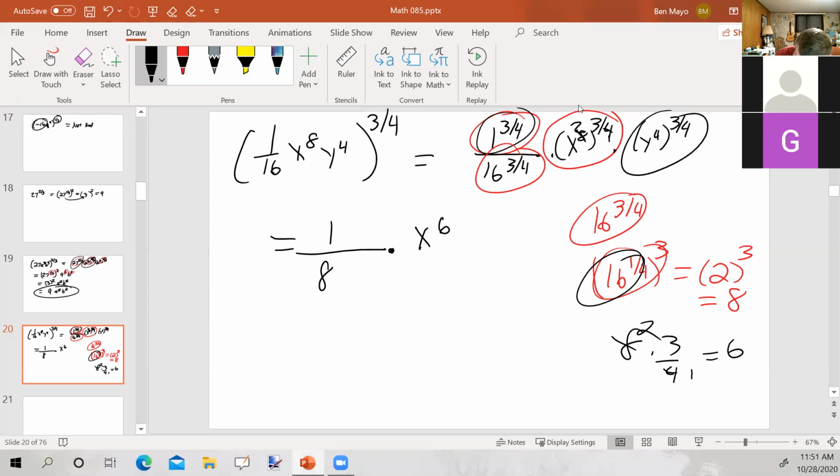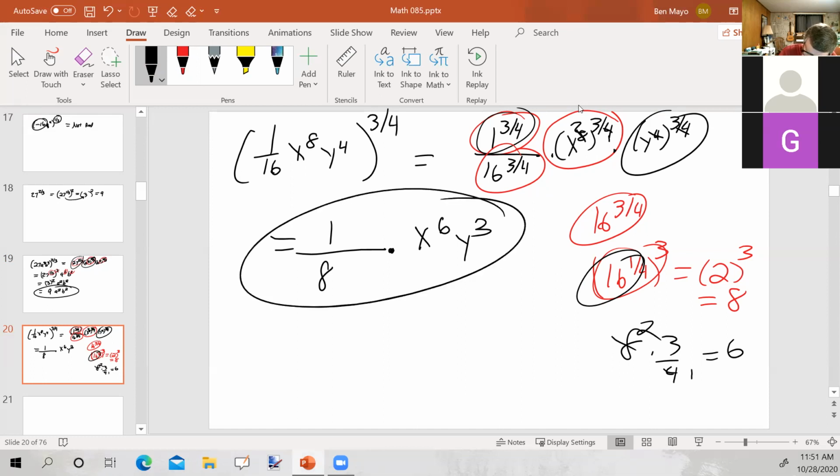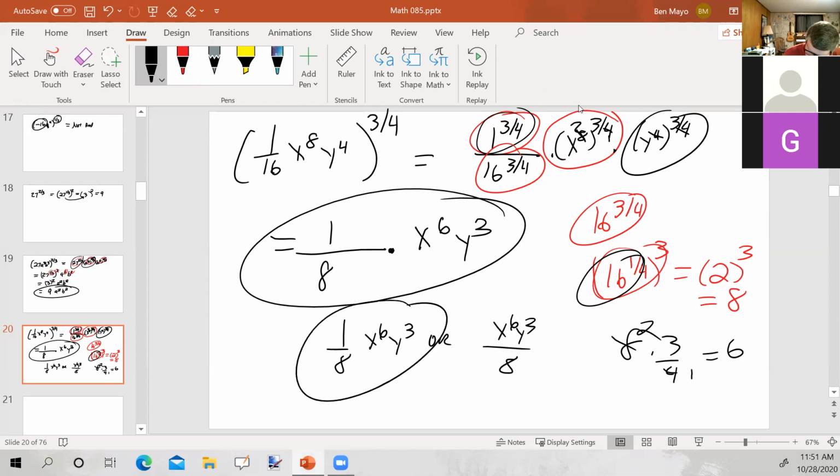Yes. Same thing here. 4 times 3/4 could reduce down to y to the 3rd. So there's your answer: 1/8 x to the 6th y cubed, or you could write it as x to the 6th y cubed all over 8. Let's see what they did. I'm just curious. They wrote it this way, but this way would also be correct. All right.